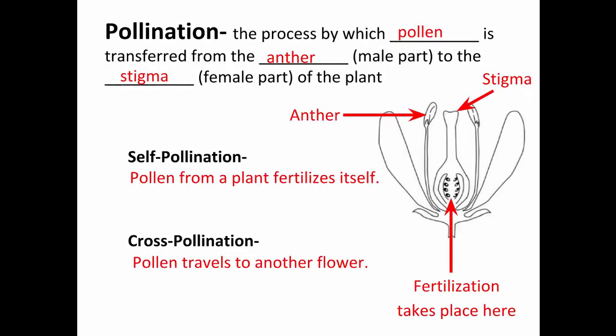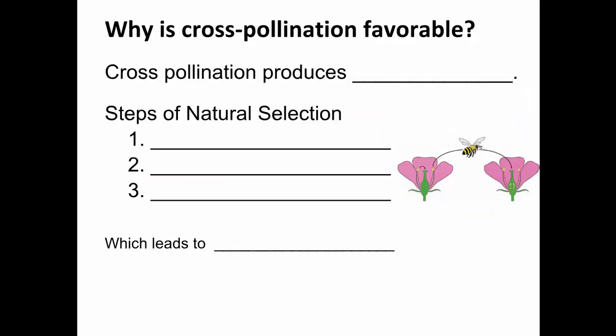So once a pollen grain actually lands on the stigma, it grows a long tube into this part of the ovary, and then the sperm cell travels through that tube and actually fertilizes one of those ovules. So cross-pollination is favorable because it adds variation, as we just said. Variety is sort of the raw material of evolution, of natural selection.